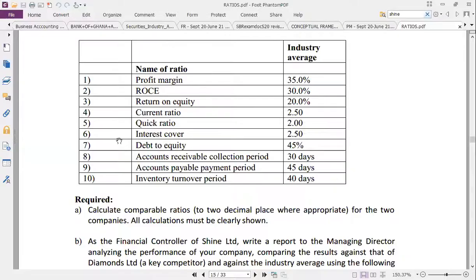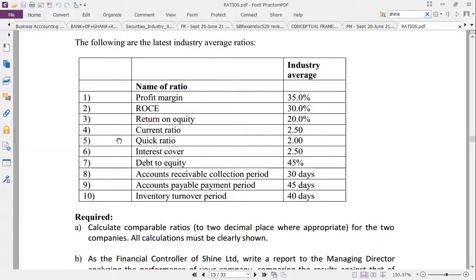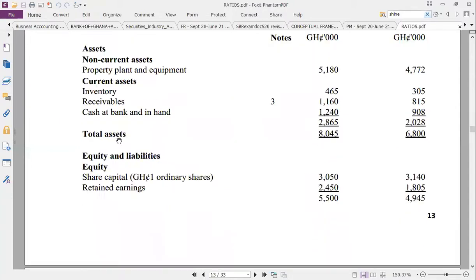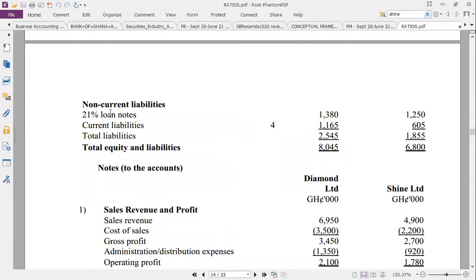The debt is the debenture that they were having, or the loan note. Good, that's a loan note. 1,250 for Shine, 1,380 for Diamond. So 1,380 and 1,250.